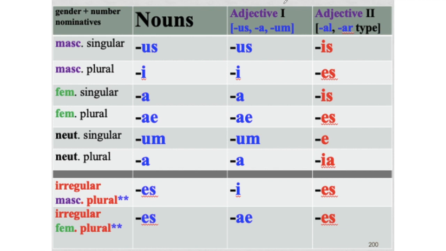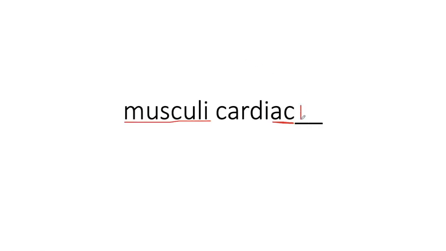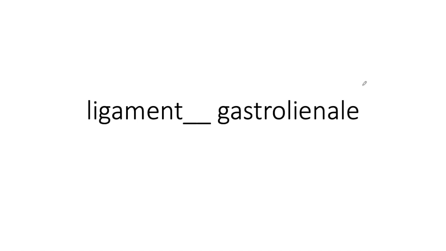So we're going to say it's a type 1 adjective, and we're only going to look at this column. We know that it was masculine plural because of all the work we did with the noun, and where those two meet is at the ending "-i". So the answer to this is musculi cardiaci. Pretty simple, right?